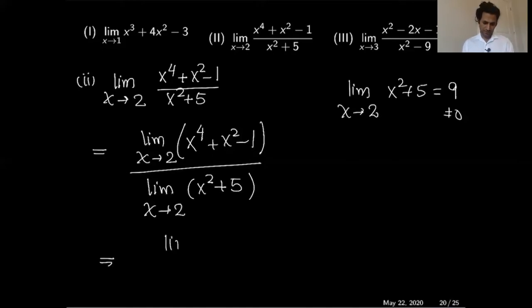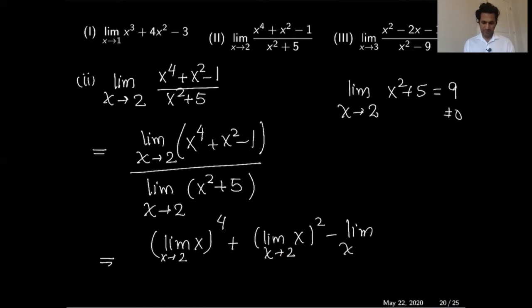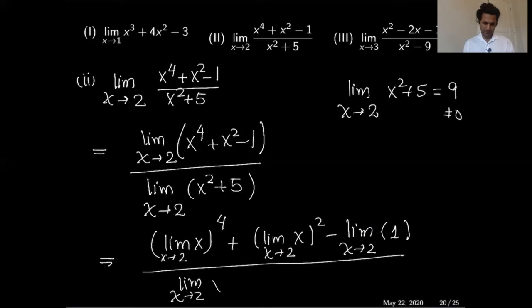On the top it will be the limit as x approaches 2 of x, to the power 4, plus the limit as x approaches 2 of x, squared, minus the limit as x approaches 2 of 1, divided by the limit as x approaches 2 of x, squared, plus the limit as x approaches 2 of 5.